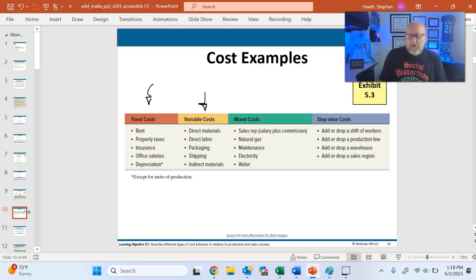And then mixed costs, we talked about the sales rep. Natural gas, that could be a mixed cost, right? We could pay a utility of $300 a month, depending on how much gas we end up using. And then if we use more than our allotted gas, maybe we have to pay an incremental amount based on the actual usage.